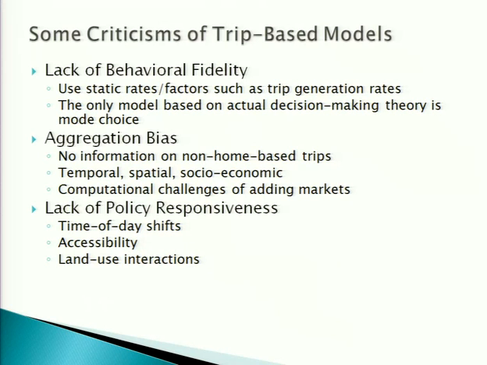And other problems with trip-based models: like I said, time of day isn't modeled very well. There's time of day shifting. There's certainly a lot of improvements that can be made to modeling accessibilities. That means different types of accessibilities, like walk accessibilities.